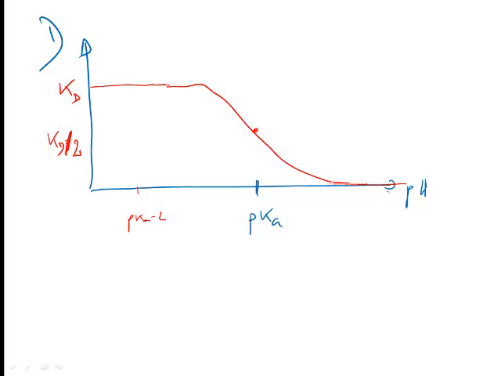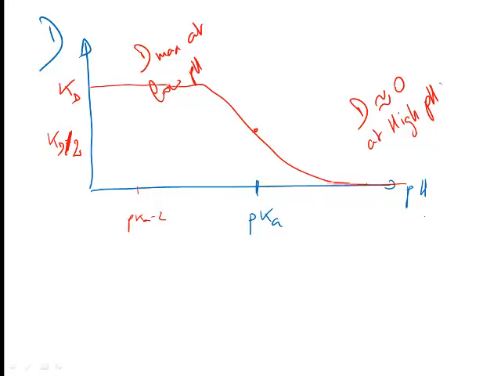It's not very nicely done here, but where D varies with pH, being maximum at low pH, and D is minimum or equal to 0 at high pH. And in the middle, D is equal to Kd divided by 2.